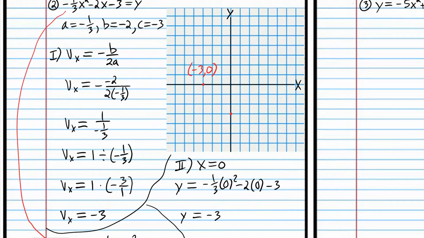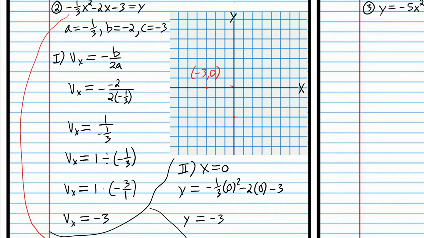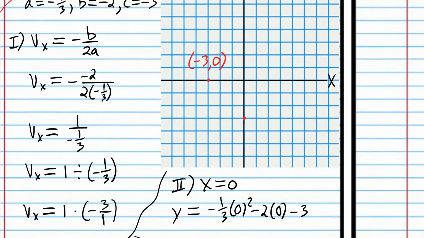In this case, it's actually going to be pretty easy to use symmetry, because we can just count 3 and then 3 over here. In the previous problem, it was not easy to use symmetry. That's going to be about here. So we have 0, -3, and at this point we have -6, -3. And connect the dots, and we're done.